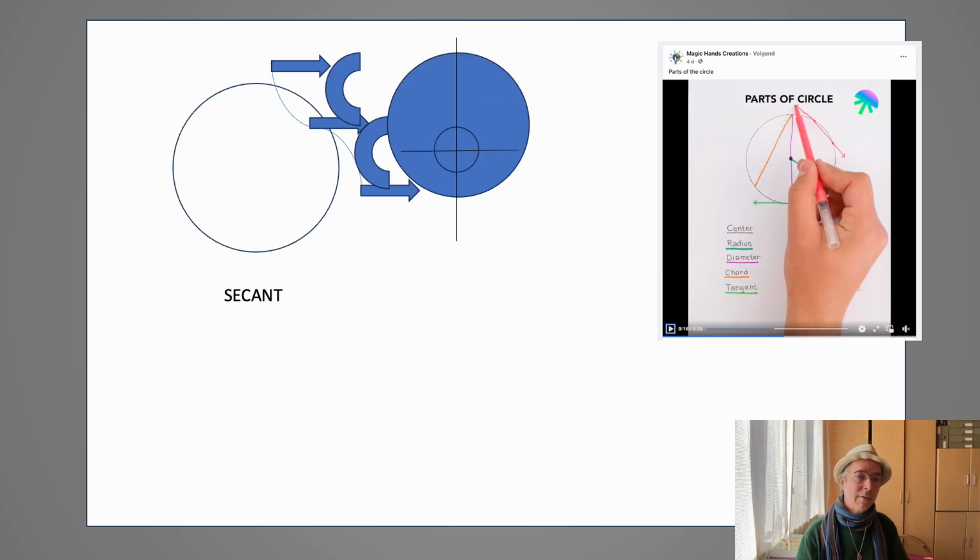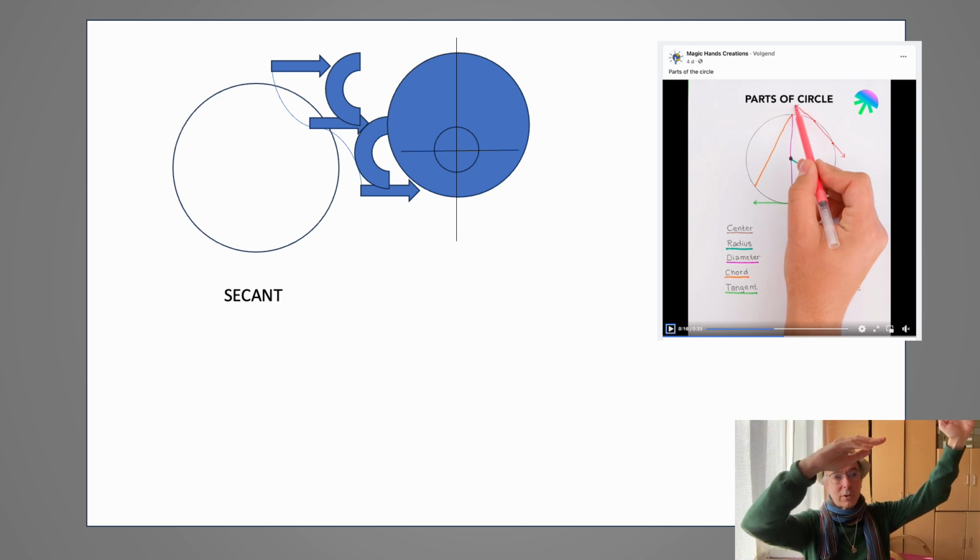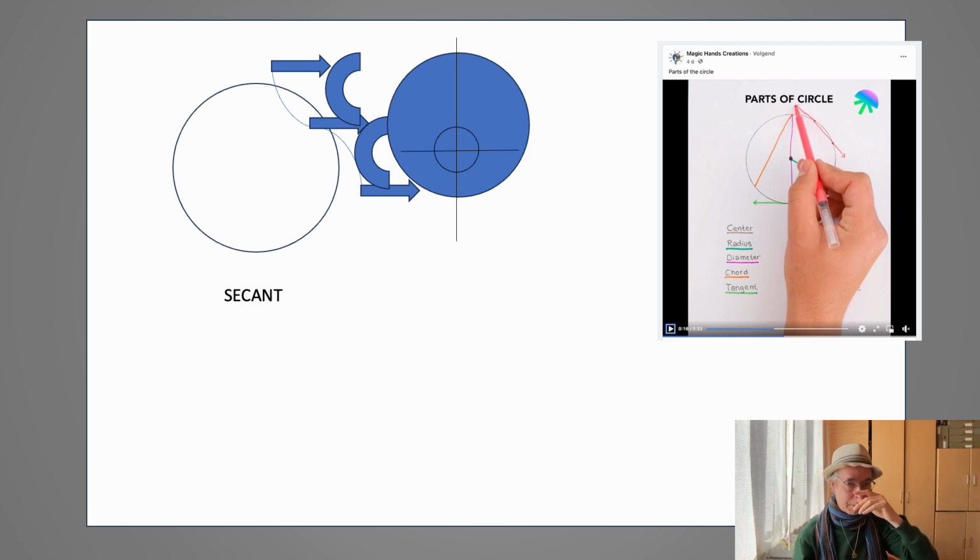Slightly more difficult in combination of letters. This is, I think, called secant. I don't know the English word, but it is also a part of the circle. So you have the S at the edges, where you have a beginning outside and an ending outside also, and then the connection point in between.